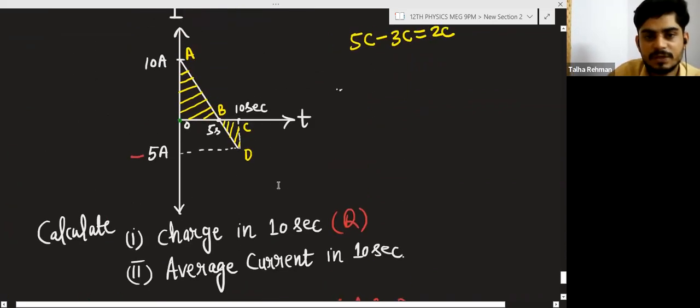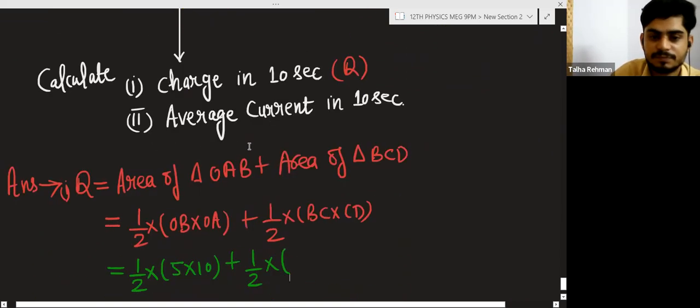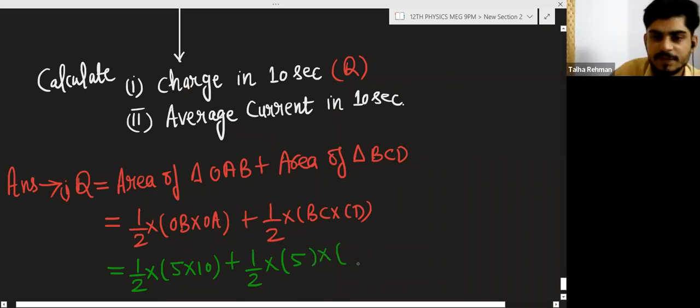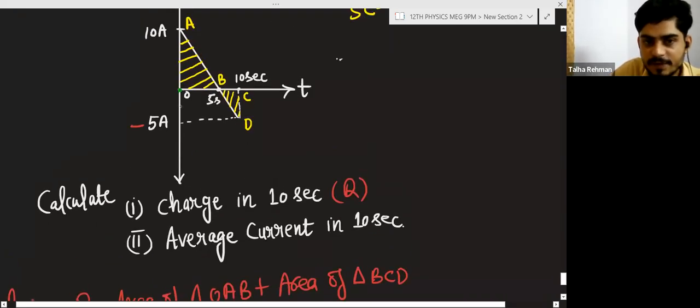You will take BC. BC is, this is 5 and this is 10. So you have to subtract these two distances to get BC. 10 minus 5 is 5. Now CD. This CD will be equal to this. Actually, this is a parallel line.